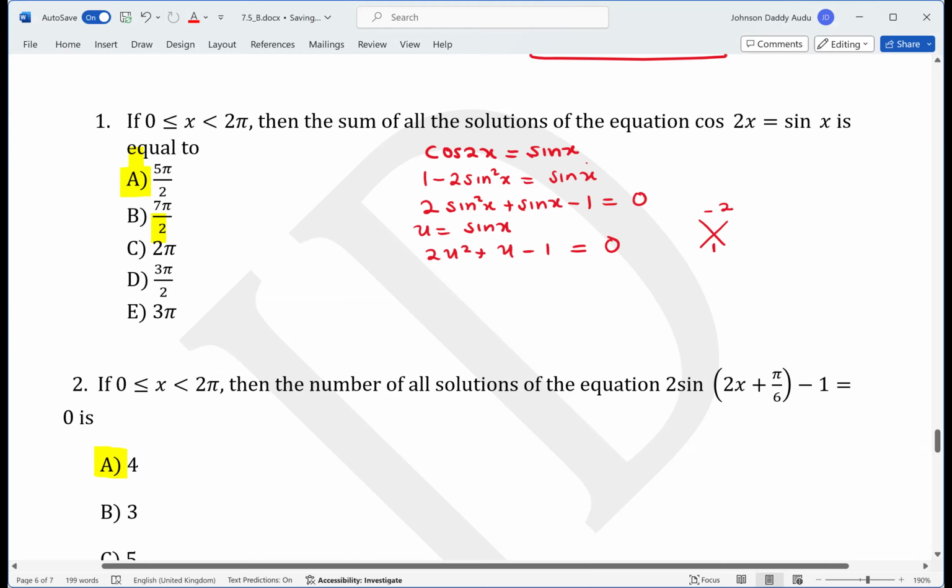We can use minus 1 plus 2, right? So we can say this is 2u minus 1, and then u plus 1 equals to 0.